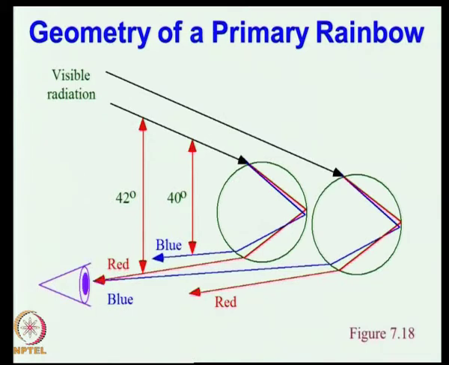And this is another picture clearly identifying the geometry of the problem and showing the total bending by 42 degrees for the red light, and for the blue or the violet it is around 40 degrees.